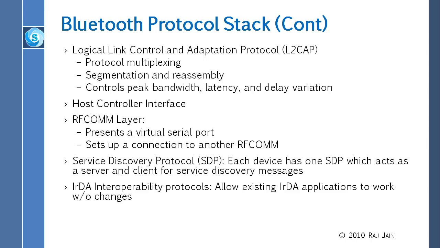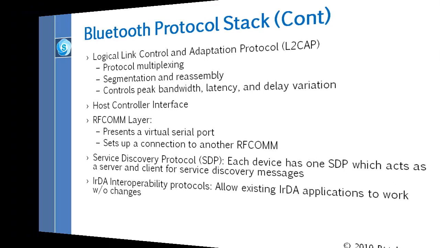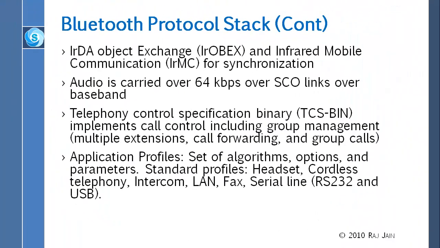And with that emulation, the higher layer protocols don't need to change, only the physical layer changes to Bluetooth. And basically the physical layer of that application, whichever is using IrDA, will talk to Bluetooth. So there is this module called IrDA Object Exchange and IrDA Mobile Communication. Those are used for IrDA.